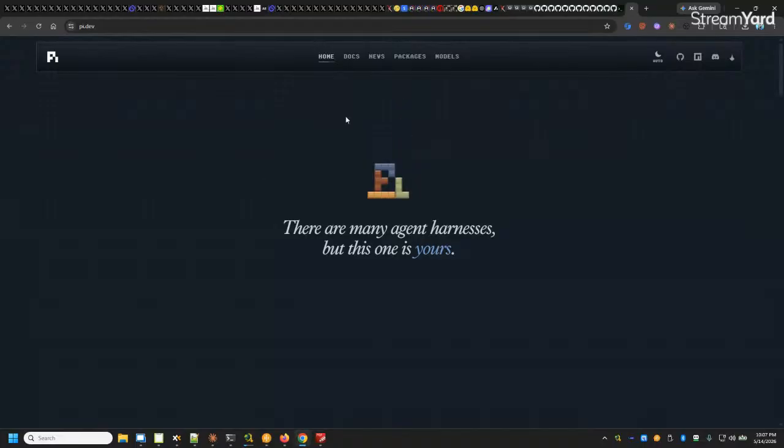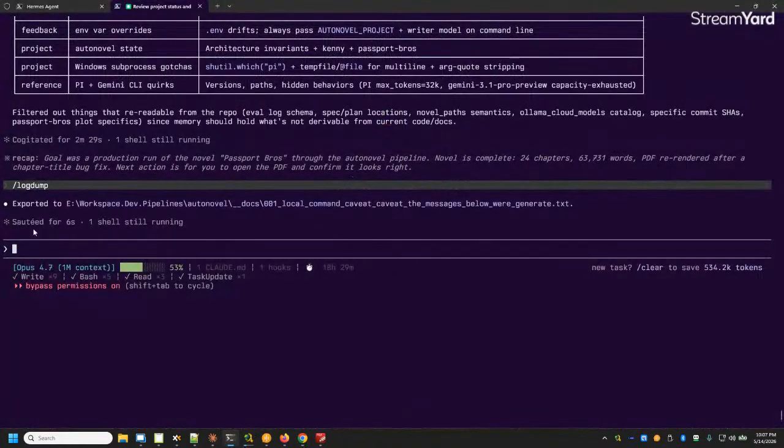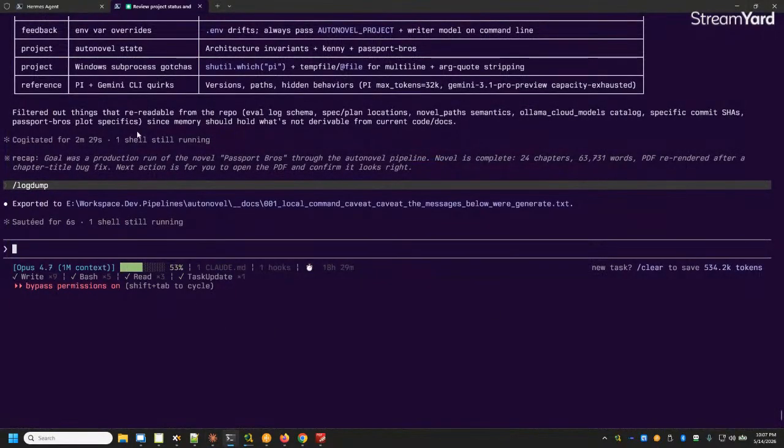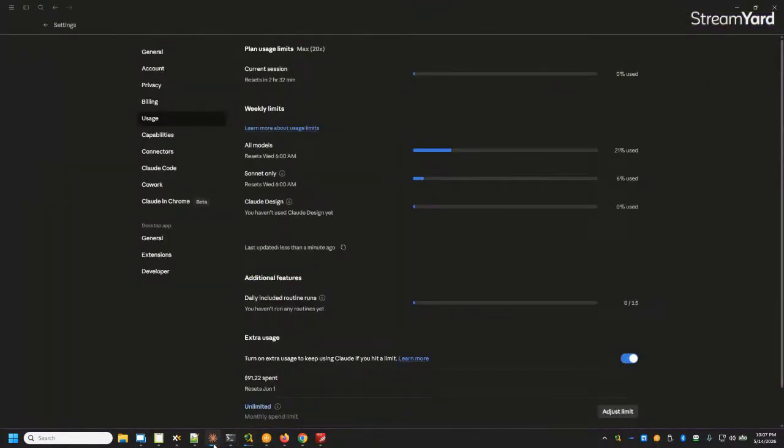So think of Claude Code CLI. Claude Code, this is the desktop application. This is the terminal application. I prefer to use a terminal application because you have access to all features and you're really not restricted by anything. The desktop app is more user friendly.